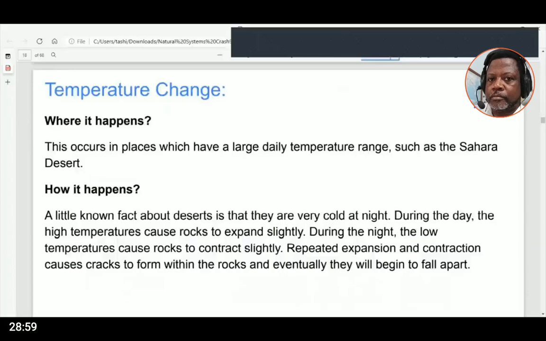Arid areas: hot, dry, dusty. And so normally in the day temperatures reach very, very high levels, and in the night the temperatures drop to very low levels where you can literally freeze in a desert during the night.